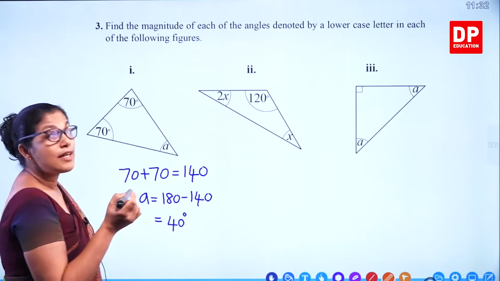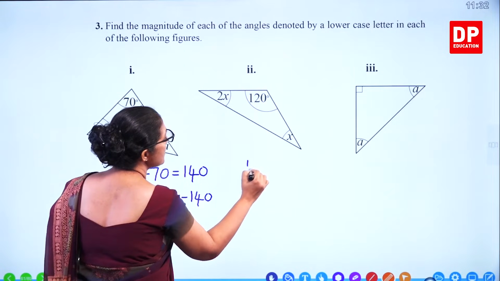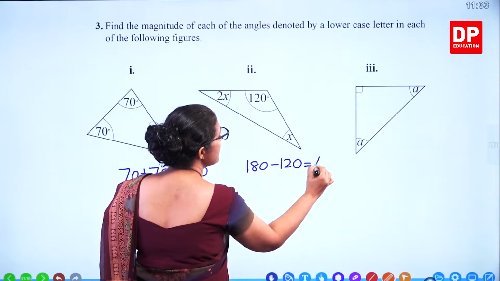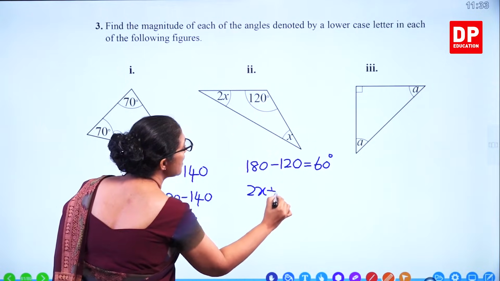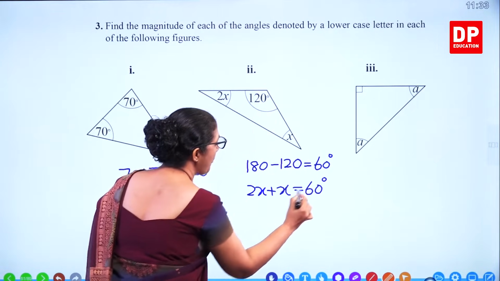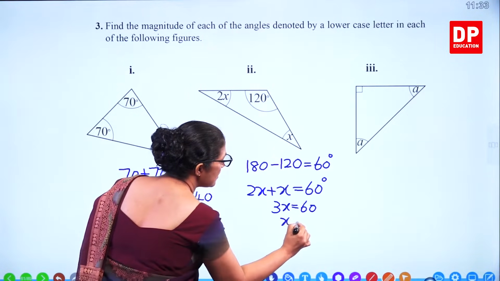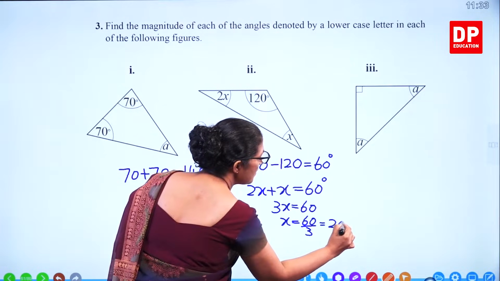This is again a triangle. So you can say 180 minus 120 first, that's 60 degrees. Then you can write 2x plus x is 60 degrees. 3x becomes 60, so x is 60 divided by 3, 20 degrees.